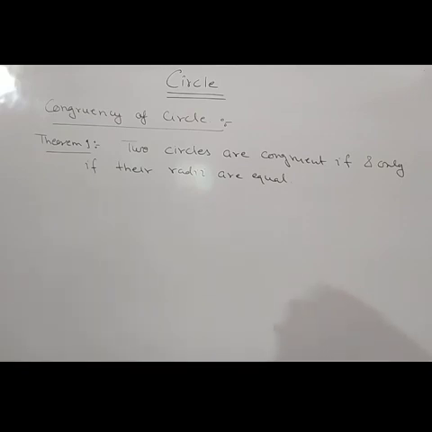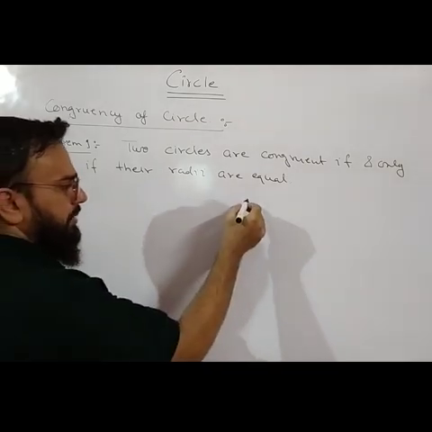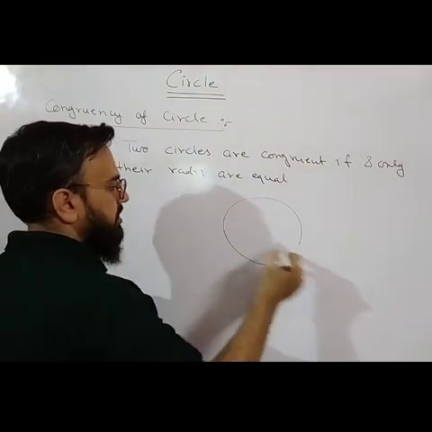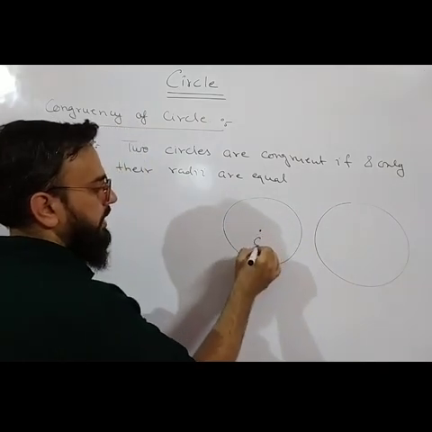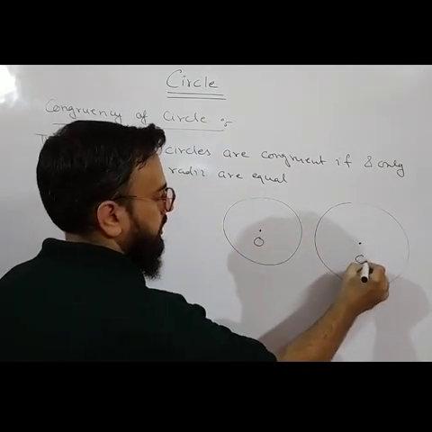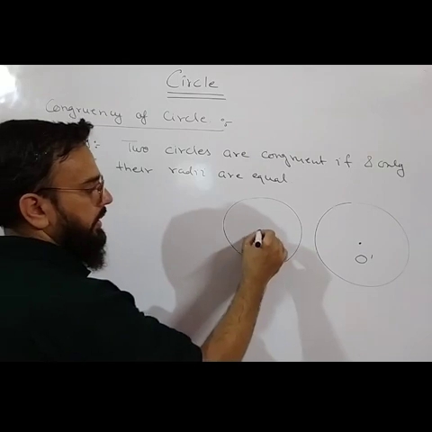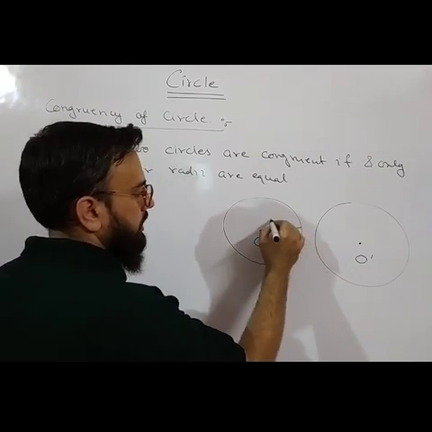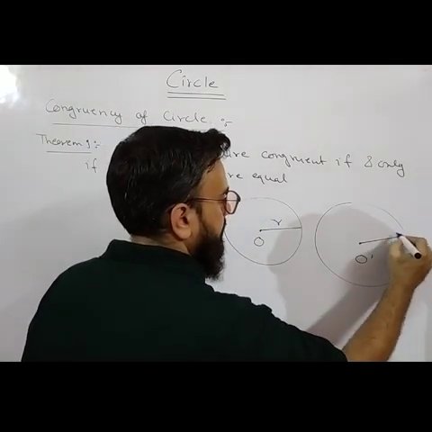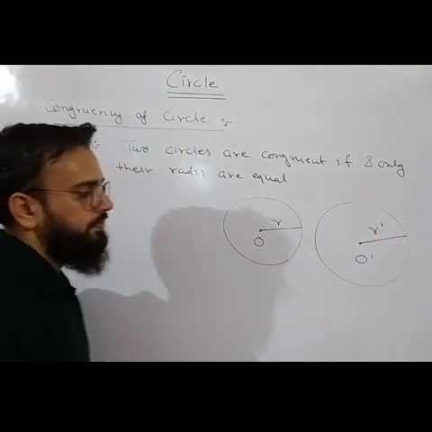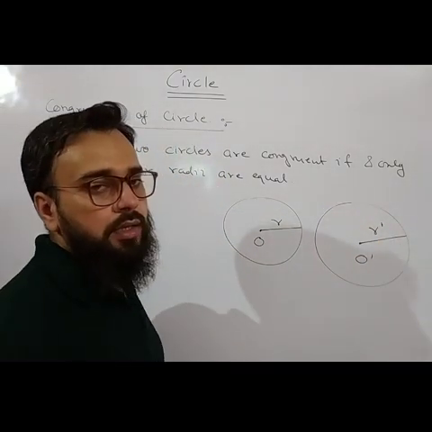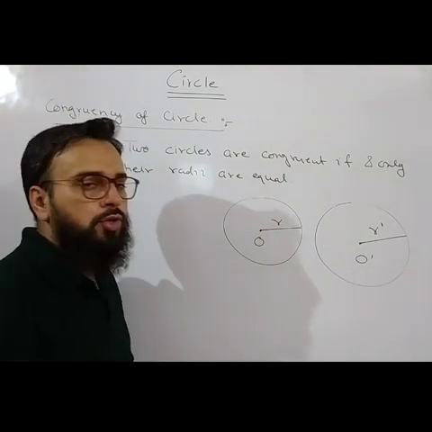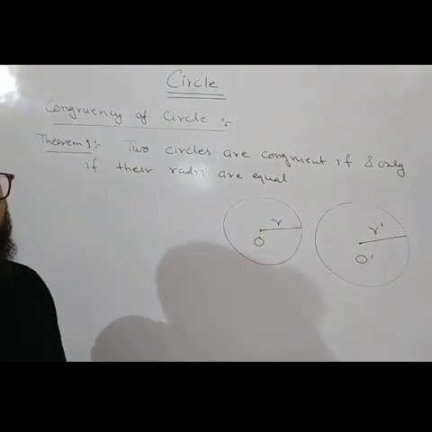There is no proof of this particular theorem. We can prove it by simple observation. Suppose we have taken two circles, one with center O, another with center O dash, and the radius of the first circle is R and the radius of the second circle is R dash. What is the meaning of congruency? If two figures superimpose on each other, then they are called congruent figures.